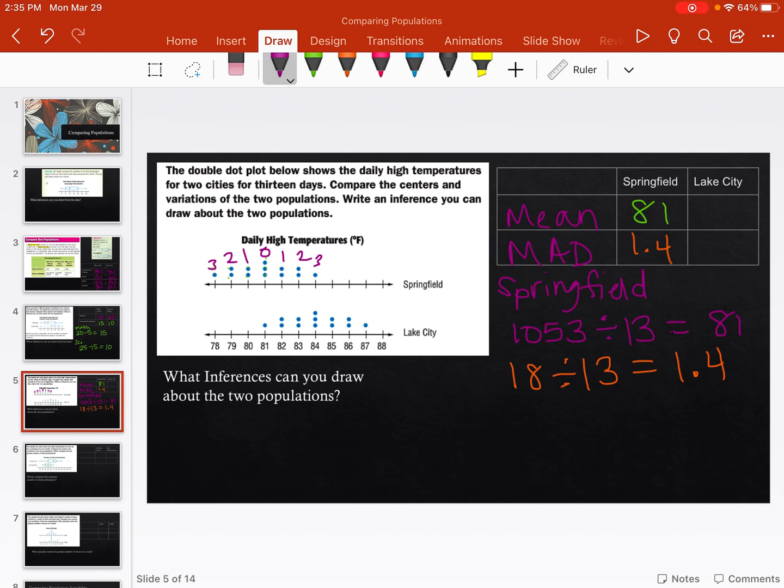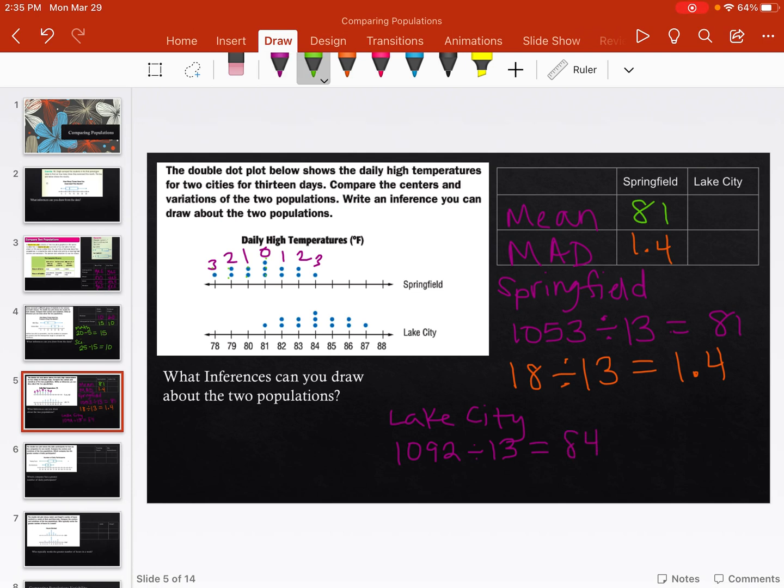Okay, now let's do Lake City. When I add those dots all up, I get 1,092 divided by the 13 dots that there are, and that gives me 84.